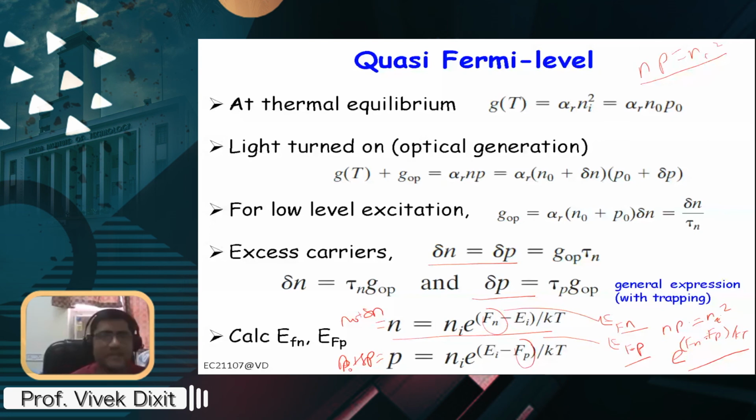Now in the case of optical generation, can we calculate this delta n and delta p? Let's see. At thermal equilibrium, thermal generation is alpha R times ni square, recombination is alpha R times n naught p naught, and they are equal. If you turn on the light, then total generation becomes thermal generation plus optical generation, and let's say the electron hole concentrations are n and p.